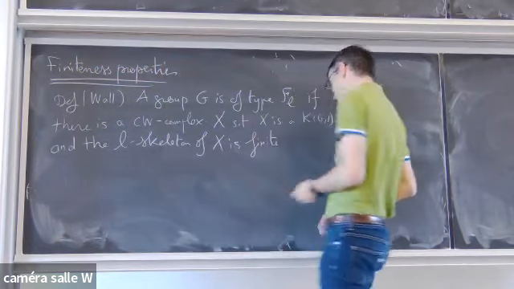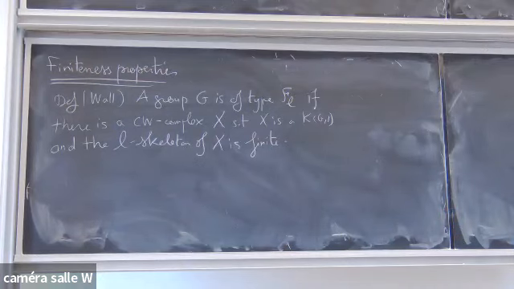So your space X will have infinitely many cells, but if you only look at cells of dimension up to L, there are only finitely many of them.